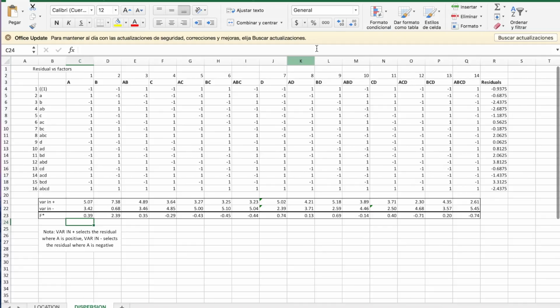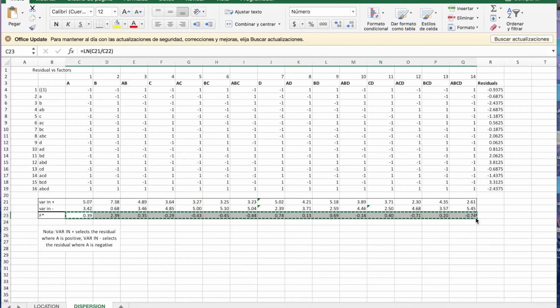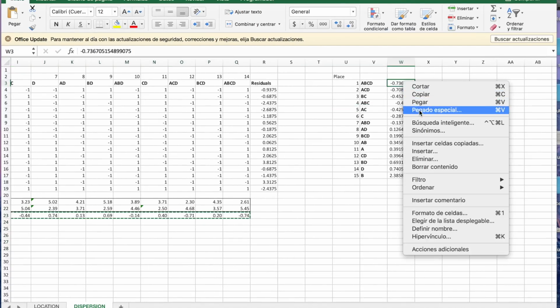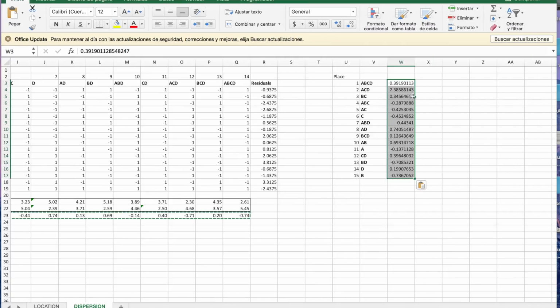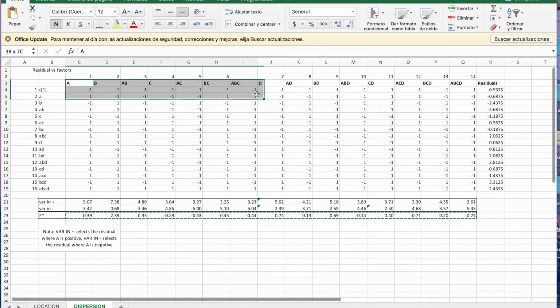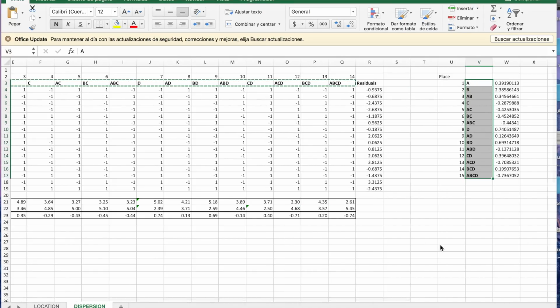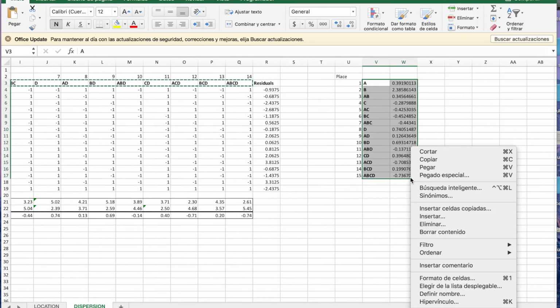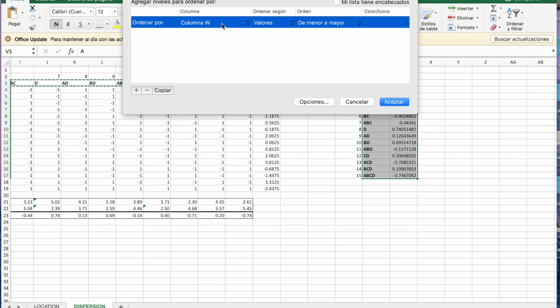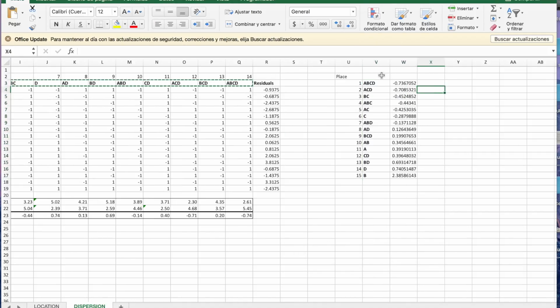Now we grab the data from the F test and we paste it as values. And then we also grab the letters and we sort it from the lowest to the biggest value.